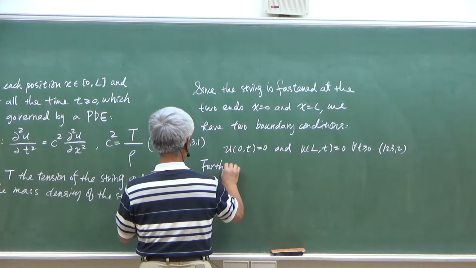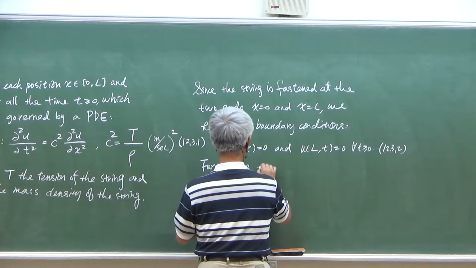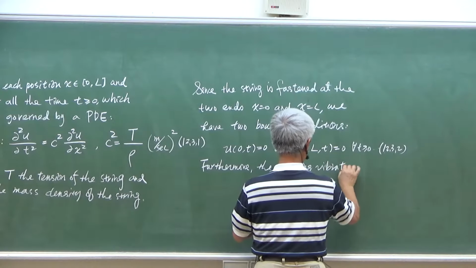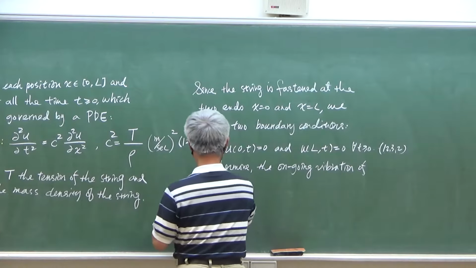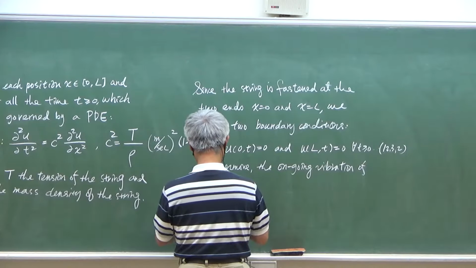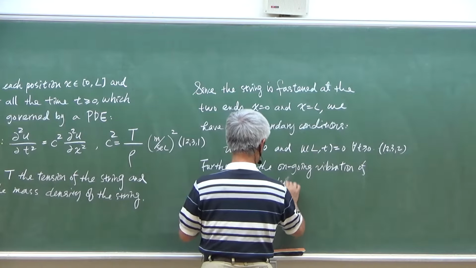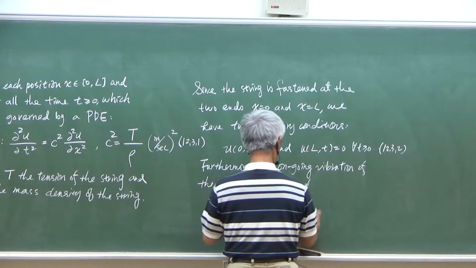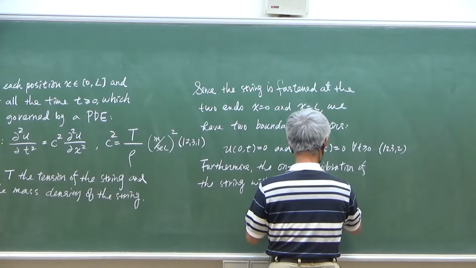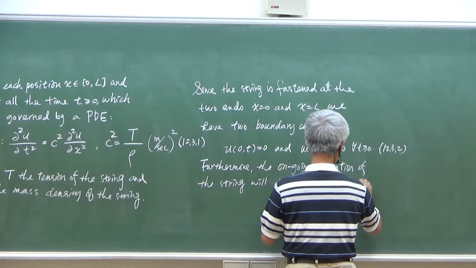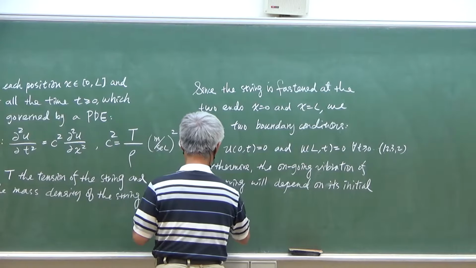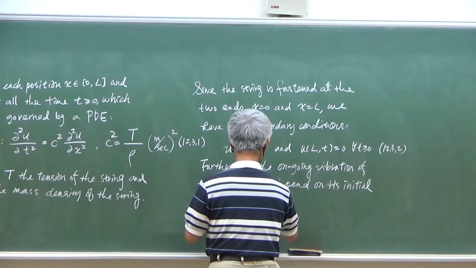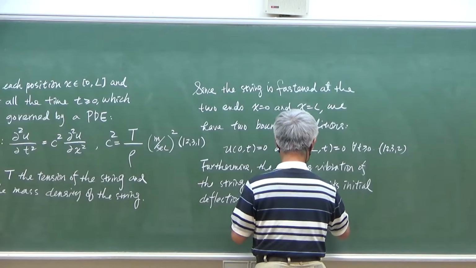Furthermore, the ongoing vibration of the string depends on its initial deflection, meaning the deflection at t equals 0.